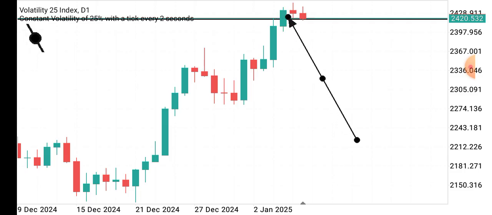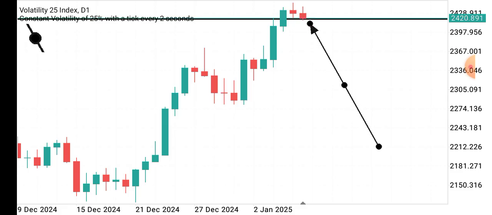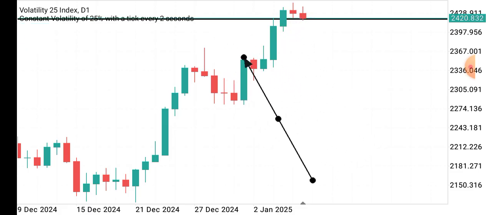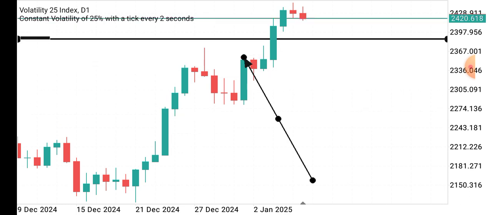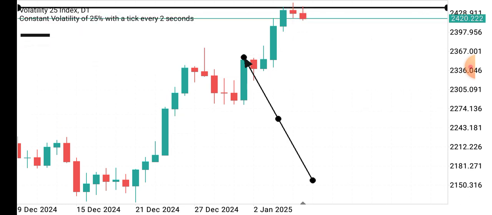Then yesterday's candlestick closed bearish, but there's a wick, meaning it created a higher high at this point, but the body closed down here, still within the body of the previous candle. So there was a sweep at this point, indicating that today's market for this particular pair will be selling. So what we do is immediately take a horizontal line and put it at this point.